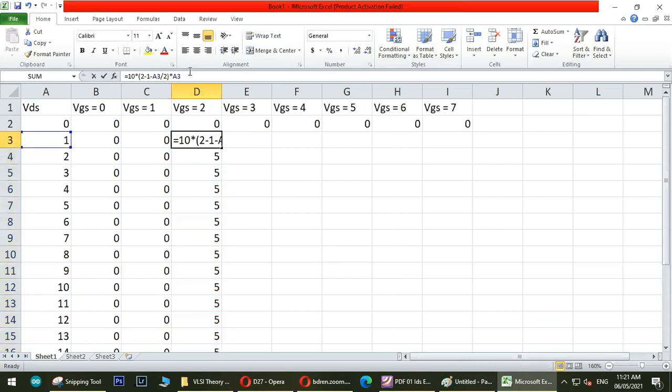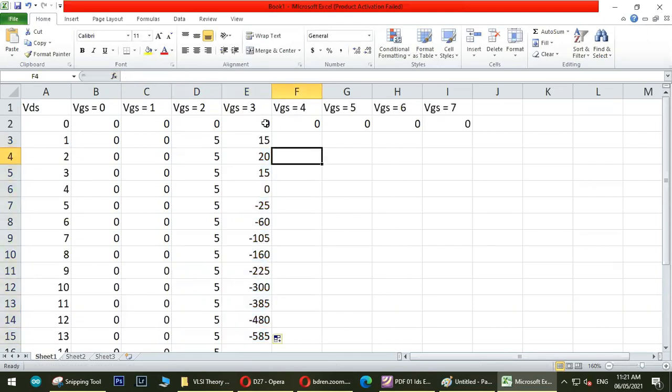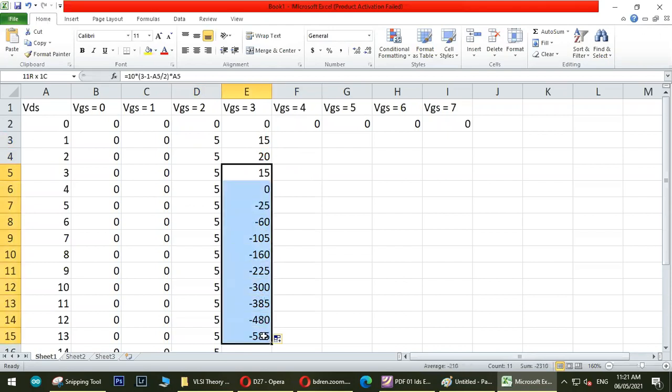Now come to here. I will put the same formula, but this time your VGS is equal to 3, so I will put 3 here. If I go there, you will see it was increasing up to some point, then it becomes decreasing, right? So there we cannot take those values.